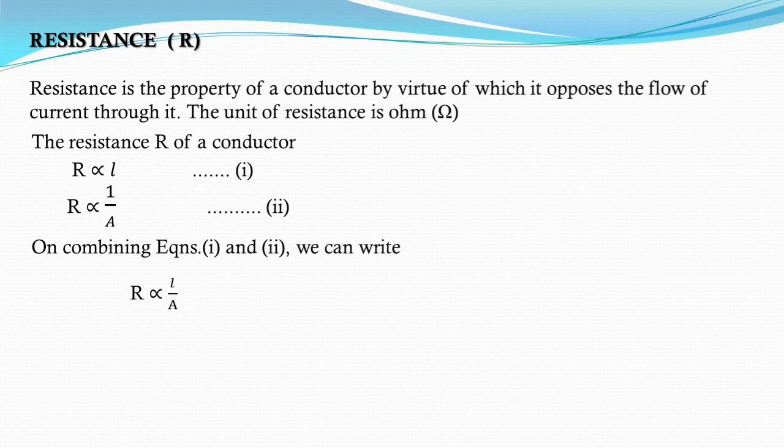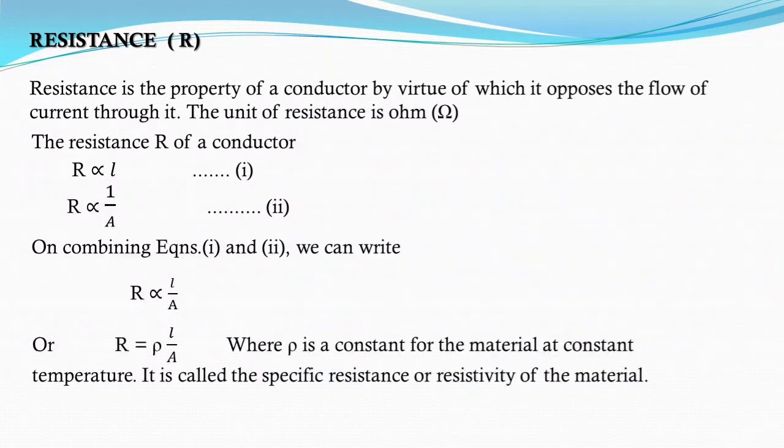If we combine equation first and second, it becomes R proportional to L by A, and on removing the constant of proportionality, we get another physical quantity called specific resistance or resistivity of the material, which is constant at a given temperature.